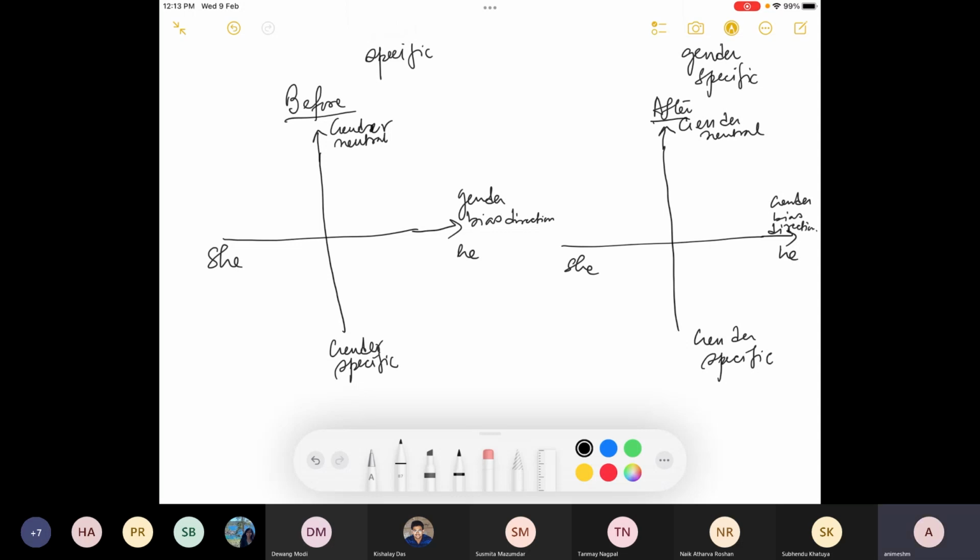Now say there are two gender specific words. Okay, so this is the equalize step.